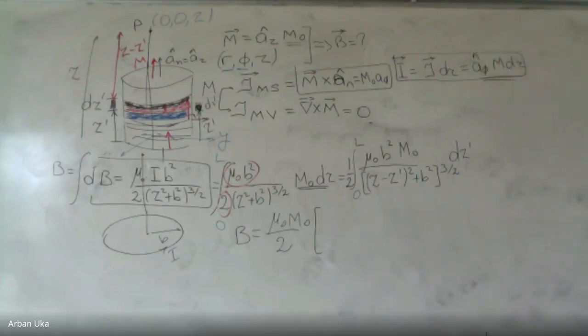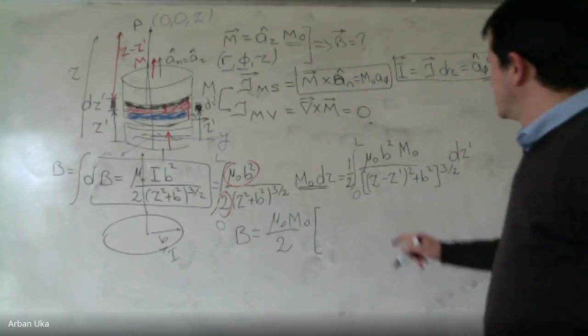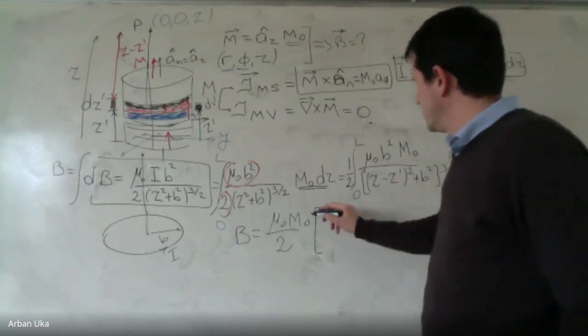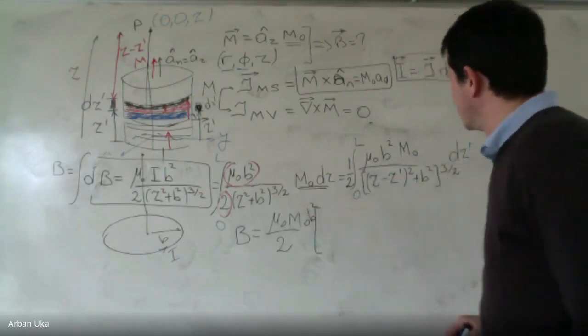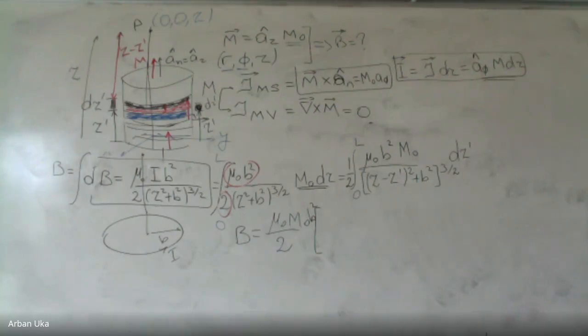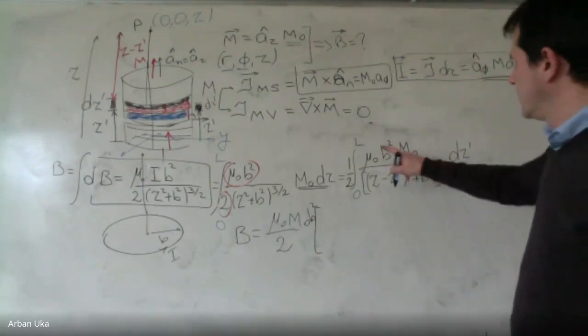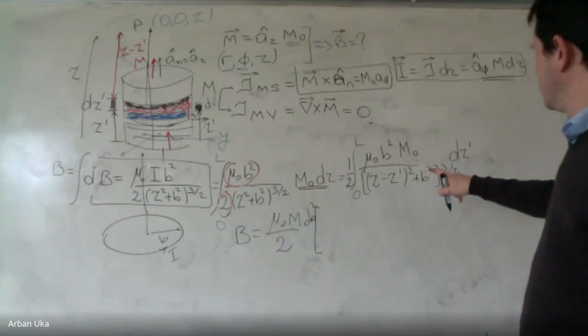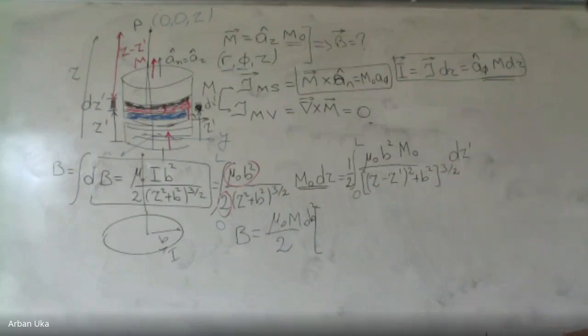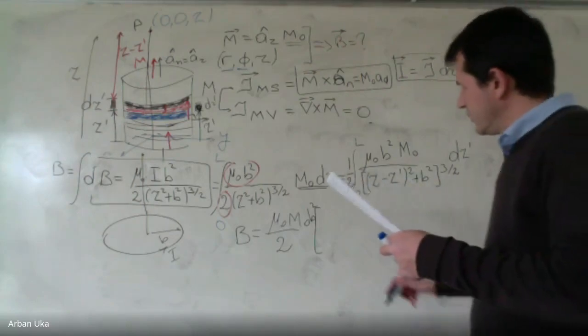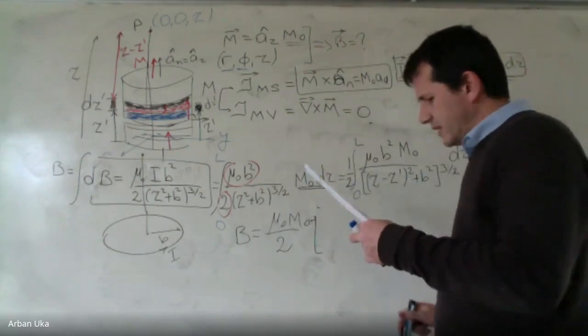Let me think for a moment. So let's keep it like this: mu0, m0. Let's keep here the B squared, and let's substitute L. No, wait a second. We cannot substitute it right away, but we should get from the table integral what the result is, and I think we can write the final answer right away.